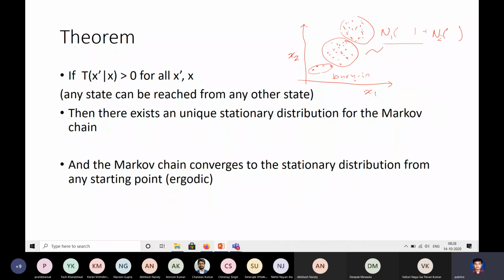And this region is called the burn-in region of the trajectory. And these regions are called the mixing regions of the trajectory. This region is basically when I have converged to the stationary distribution. So we also call the Markov process mixed.